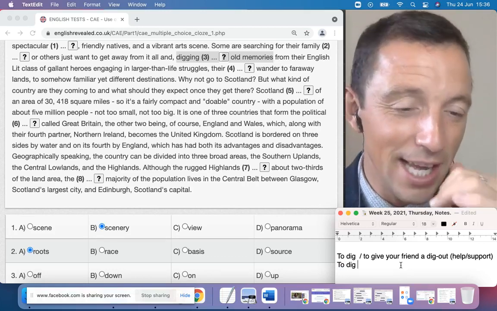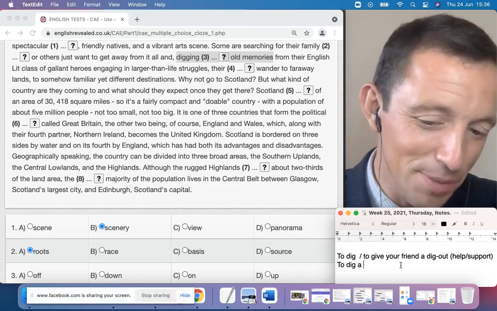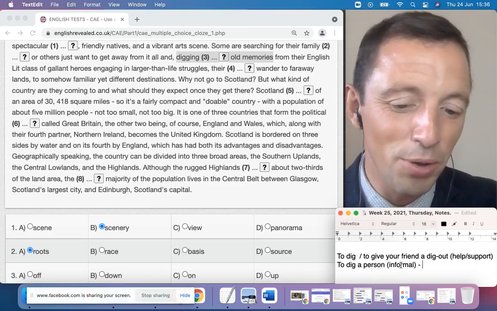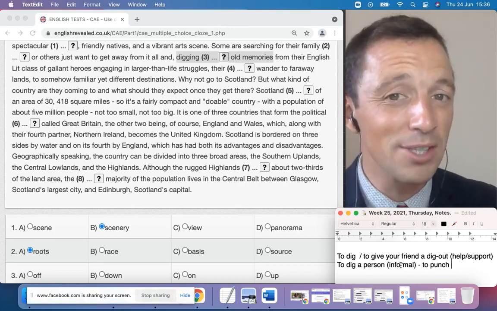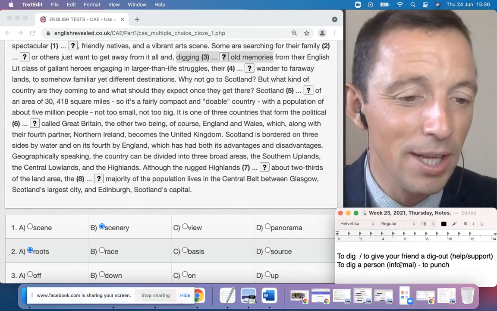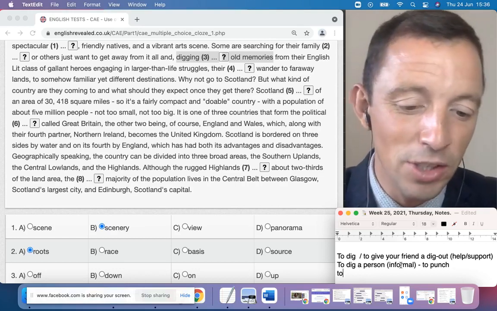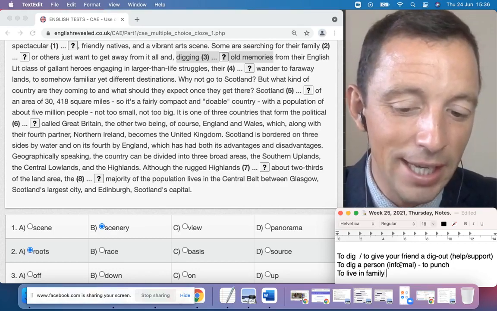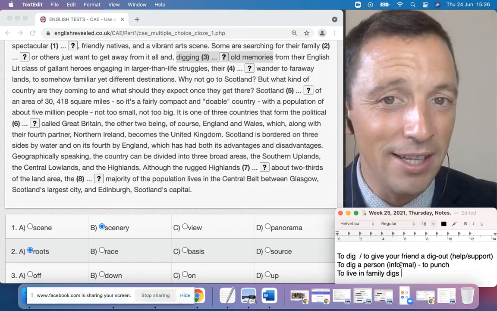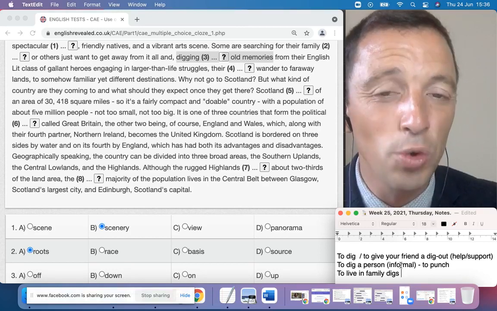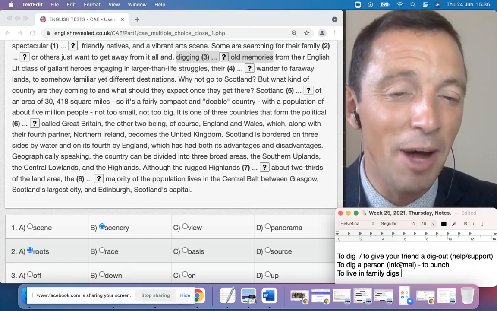So we say to dig a person, possibly informal, and it's like to punch. Okay, like boxing. So if you dig a person, that's maybe informal, and it's flexible, I suppose, in English. The other possibility was to live in family digs, and the significance is like to live in a family accommodation, family home, that they host you, they give you food, the family digs as well.